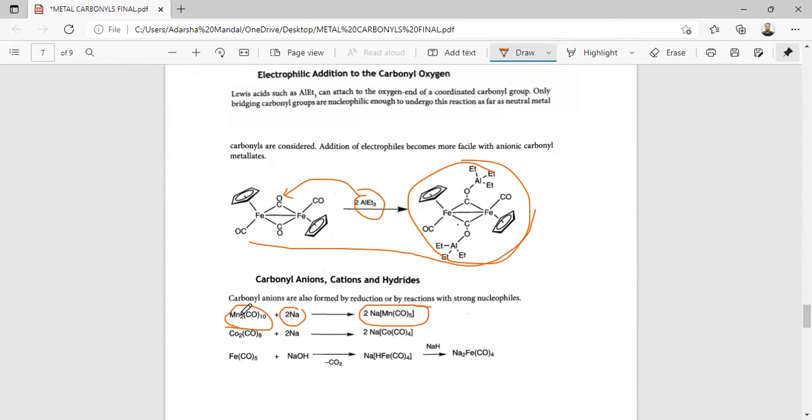Here manganese is in the zero oxidation state, and it forms Mn(CO)5 minus. So here also the cobalt carbonyl species will react with two equivalents of sodium and form this carbonyl anion adduct.